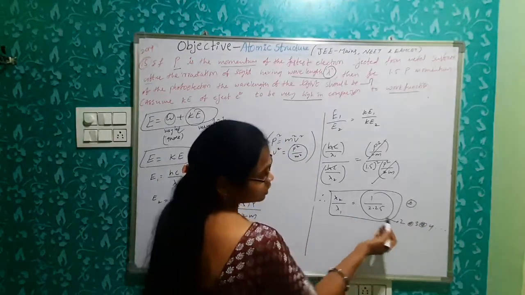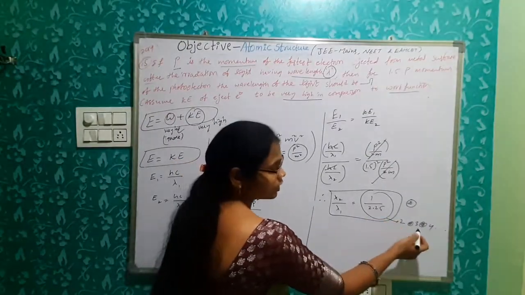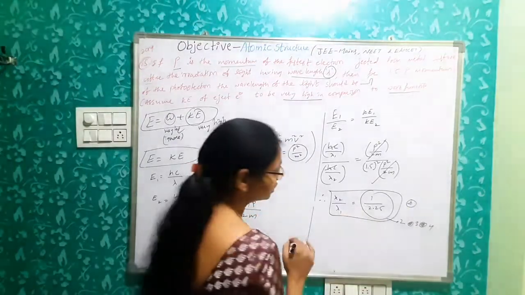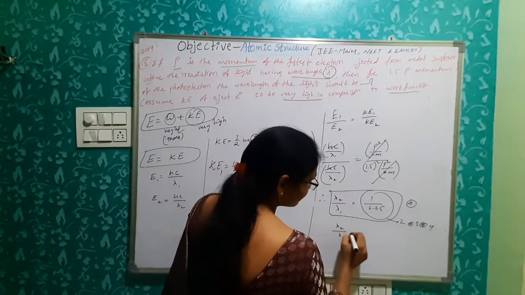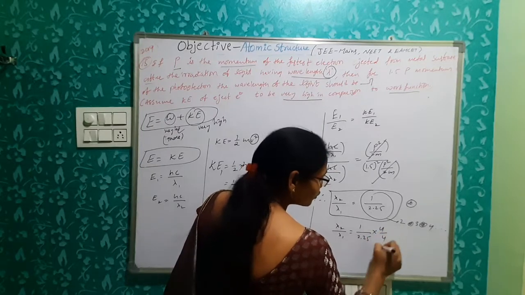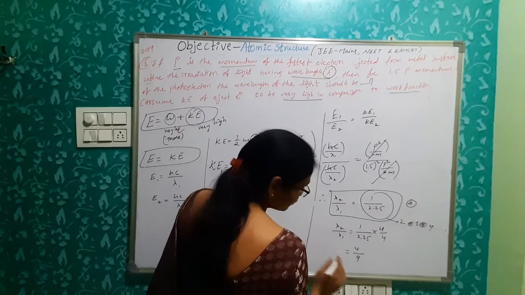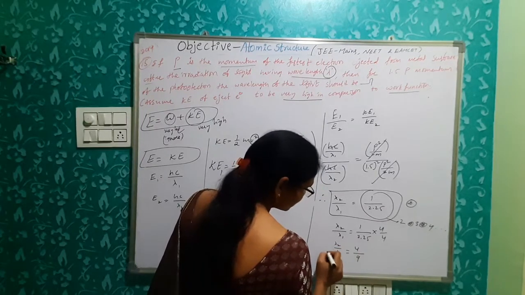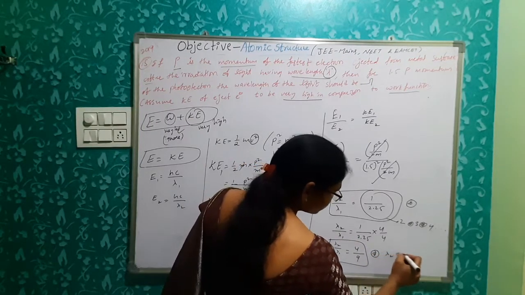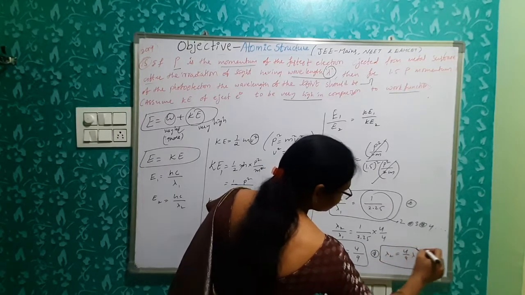By multiplying with 2 we get 4.5, a fractional value. By multiplying with 3 also a fractional value, but multiplying with 4 we get a whole number. Lambda 2 by lambda 1 is equal to 1 by 2.25 into 4 by 4, that is equal to 4 by 9. So lambda 2 is equal to 4 by 9 lambda 1. So this is the answer present in the options.